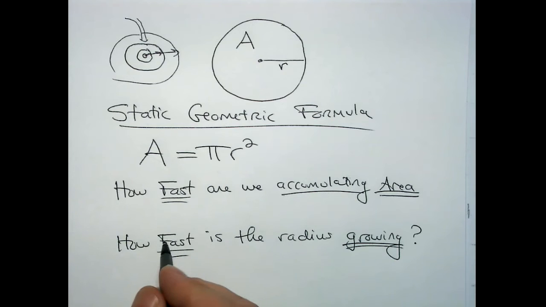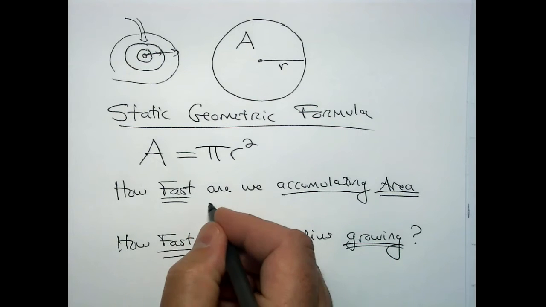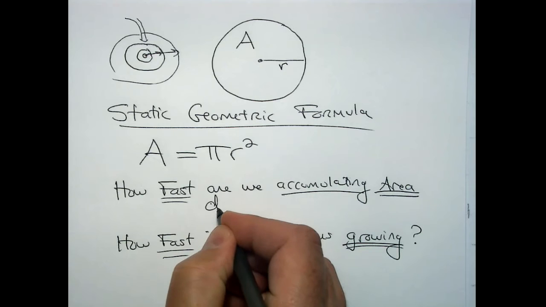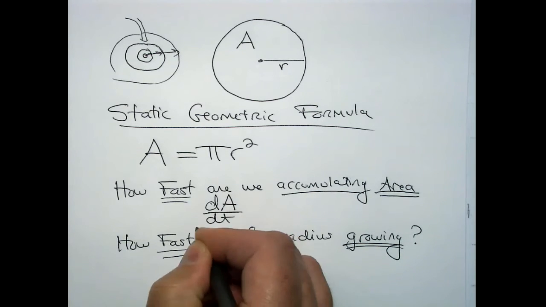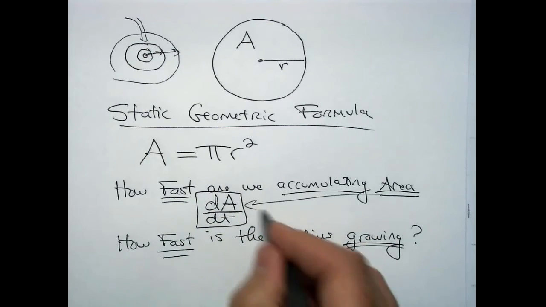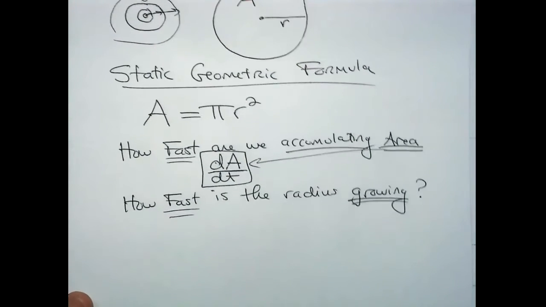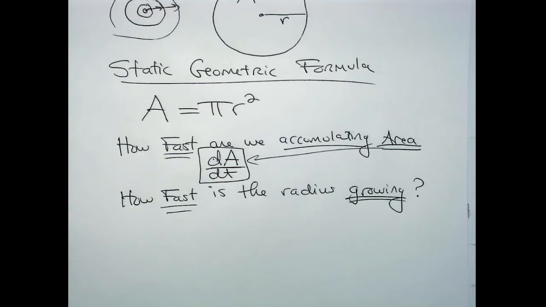Derivatives of rates of change. Pardon me. So this rate of change is dA dt. dA dt says how is area changing with respect to time. Not with respect to x, not with respect to r, or with respect to anything else.